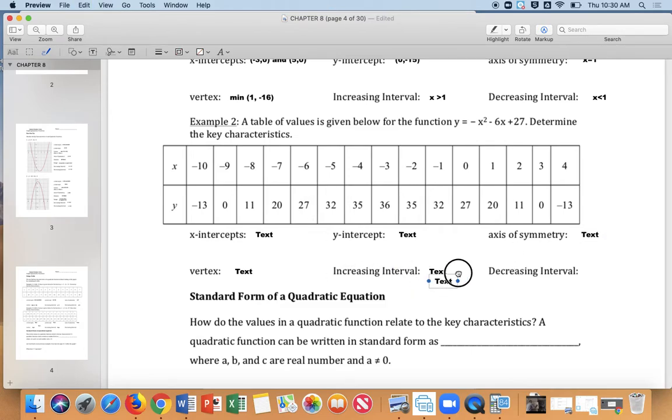All right, so here we go. We have x-intercepts, that's where y is 0. So that's going to be right here.